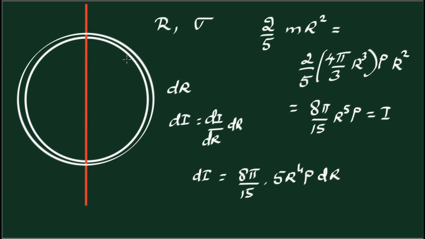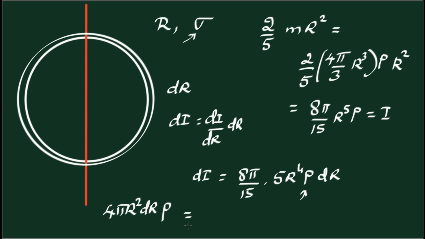But there is a little problem. We have been given a thin shell whose area density has been given, but here I have the answer in terms of the volume density. How do we go from volume density to area density? That's very simple. Consider this thin shell. Its volume is 4 pi r squared dr, and the amount of mass it has out there is this volume multiplied by the density.